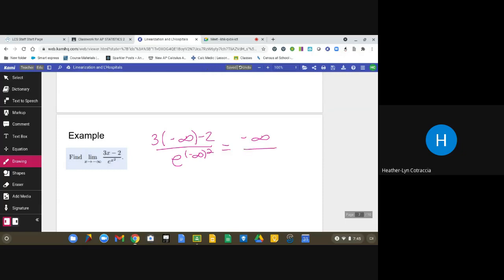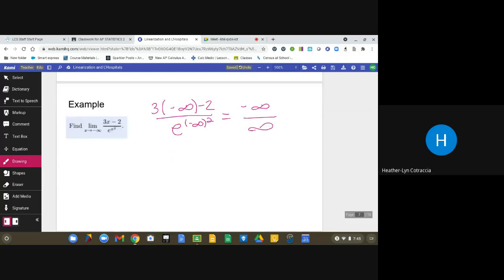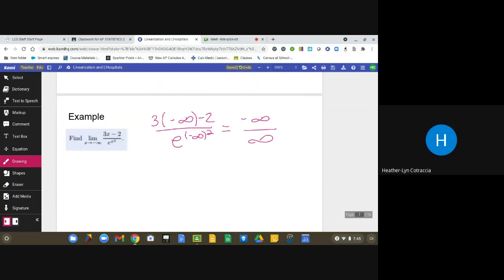And then on the bottom, we've got e to the infinity power. Kind of surprised we didn't get an infinity over an infinity.